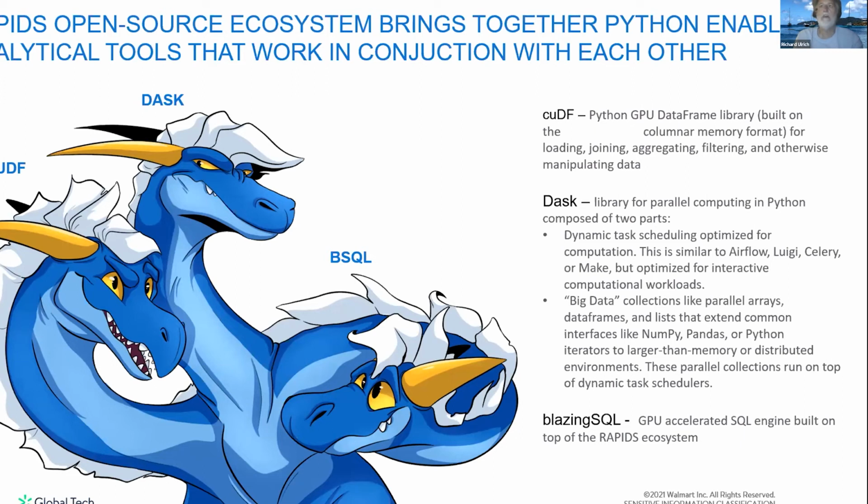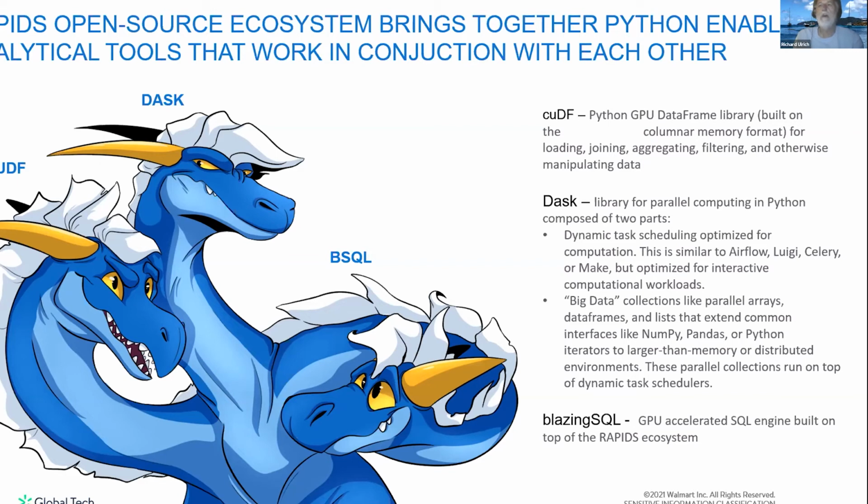And without data, there is no data science. So it's key to everything a business needs. There are three tools that I want to talk about and how we use them in conjunction. And that is cuDF and Dask cuDF, BlazingSQL, BSQL is what we always call it, and then Dask.